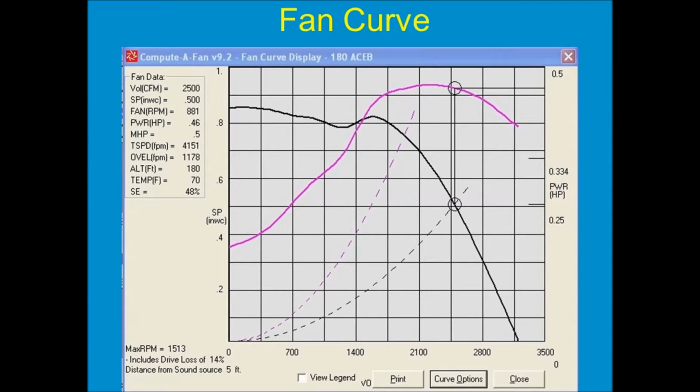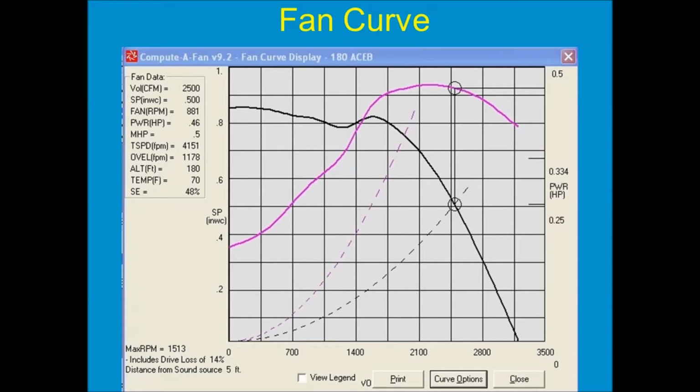The solid purple line is the horsepower versus CFM curve, horsepower being on the far right-hand vertical axis. The dotted black line is the system curve, and the dotted purple line is what we call the surge line, or more commonly known as the do not select line. We don't want to select the fan near or to the left of that surge line.